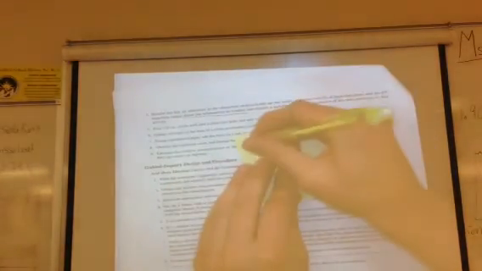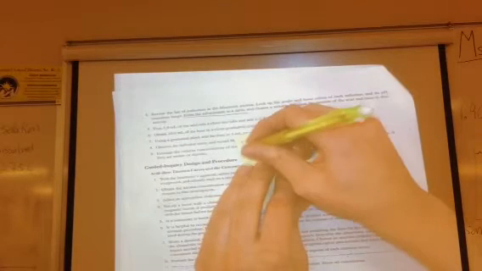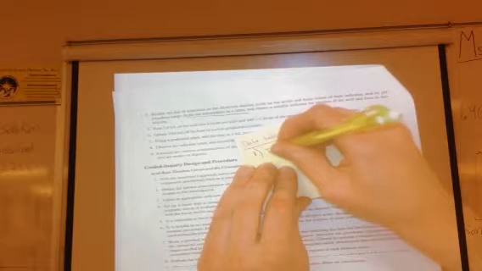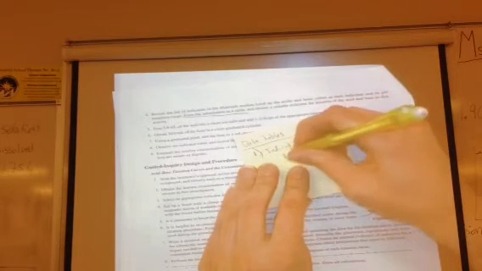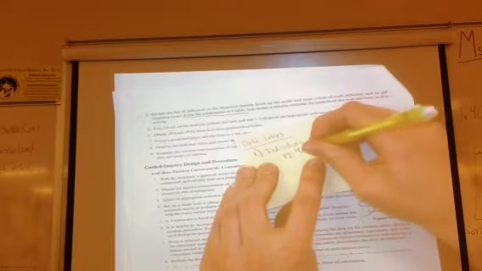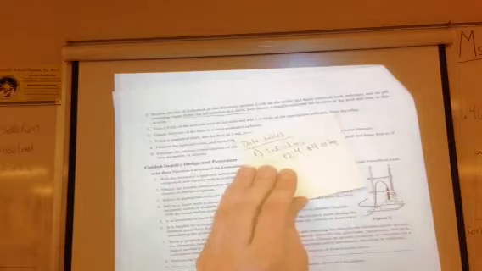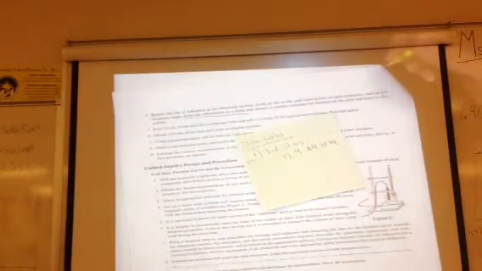So your data tables, there will be 3 total. The first one is for your indicators. So this is page 4, number 4 at top. Taking that one for 3 points. 1 for each of the indicators.